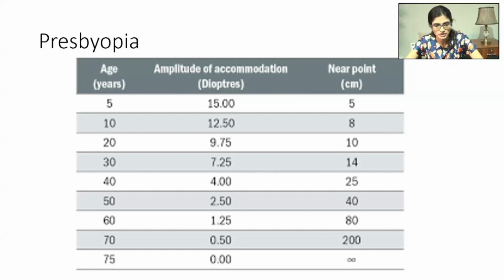So the near point actually starts moving away from your eye. At 40 it becomes 25 centimeters. So 25 to 30 centimeters is normally where we keep our reading material when we are reading. So this is the age when we start to notice that we can't see near, because now it's affecting the reading distance.